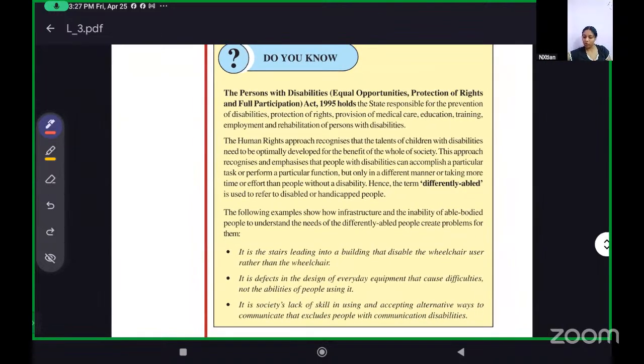Providing audio signals means that you instruct the visually impaired people by giving them signals verbally. Like a visually impaired person is walking, you tell them take a left, pause, take a right. So that is giving them audio instructions.